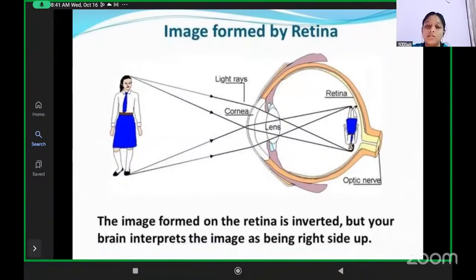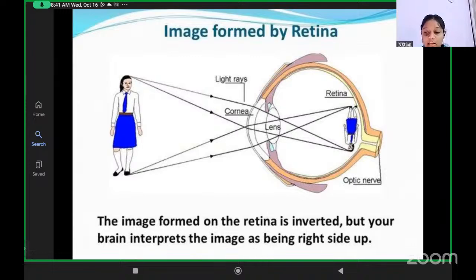This is the image formation by the retina. How an image is formed by the retina. You can see the light rays coming, being reflected and then going back. In the retina, the image is formed inverted, but our brain interprets it as a straight image.